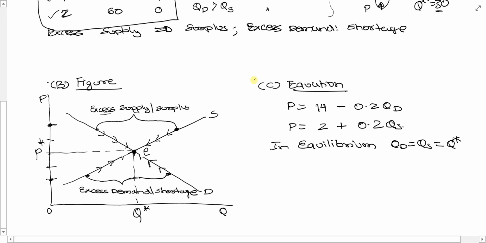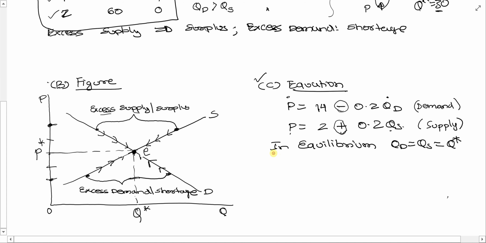The third way one can understand the exact same idea of equilibrium is using a mathematical relationship. So here's a demand equation, and here's a supply equation. How does one know whether it's a demand or a supply equation? Well, of course, one can look at the sign. There's a negative relationship between quantity and price, which means this is about demand, and there is a positive relationship between quantity and price, and hence this is the supply equation.